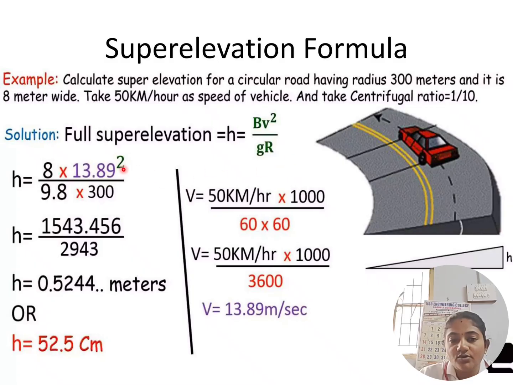We know the super elevation formula is H equal to BV squared divided by gR, where H is equal to 8 into 13.89 squared. The 13.89 is from V, where V is the given speed changed into meters per second, which gives 13.89 meters per second. By substituting this, we get the answer as 52.5 centimeters.